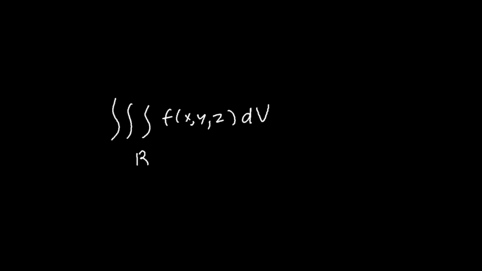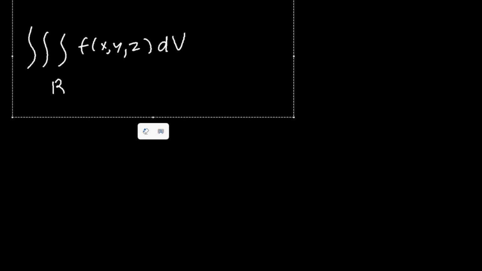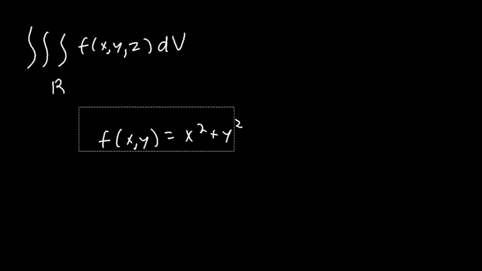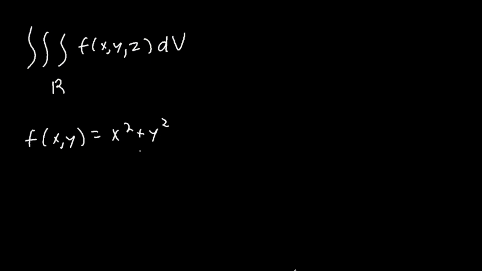So previously, in a double integral, you would have some function, let's say f of x, y, and this function was, I don't know, x squared plus y squared, a paraboloid starting at the origin. You could then integrate on maybe a square, and then your output of this double integral would be a volume.